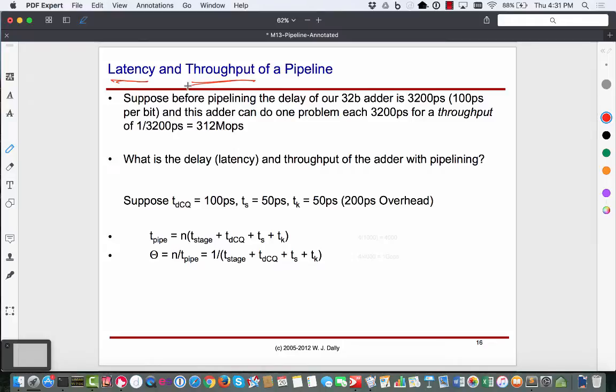In a sequential system, latency will dictate the throughput, because I'm going to be processing things one at a time. So if my latency is 100 nanoseconds, then after taking an input, the next time I can accept an input is 100 nanoseconds later.